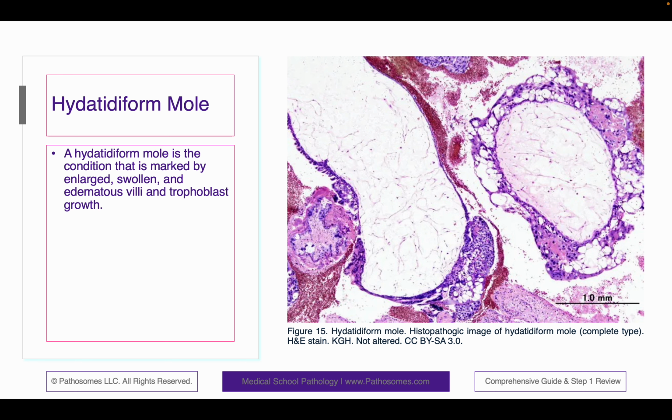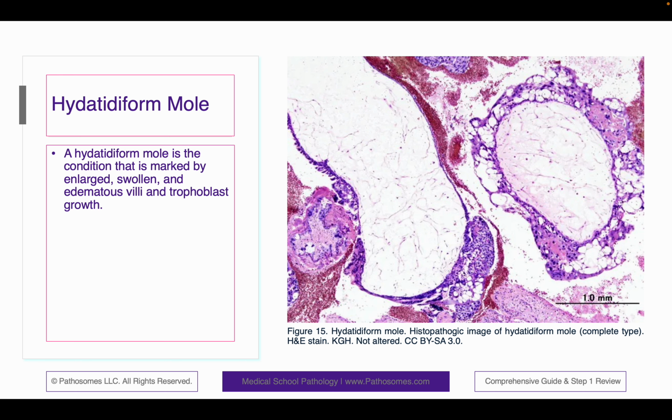Now, let's talk about hydatidiform moles, because this is very important and easy to get tricked up on. A hydatidiform mole is a condition that is marked by enlarged, swollen, and edematous villi and trophoblast growth. To the right here, we can actually see the histopathology associated with a hydatidiform mole.